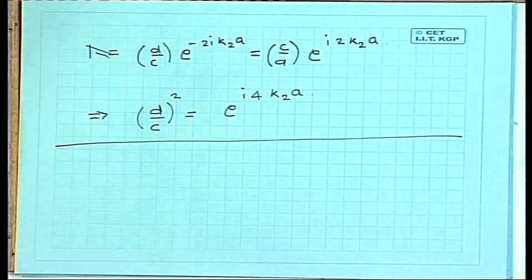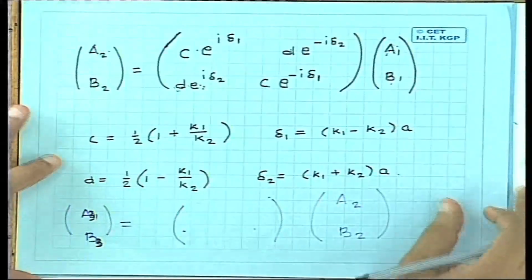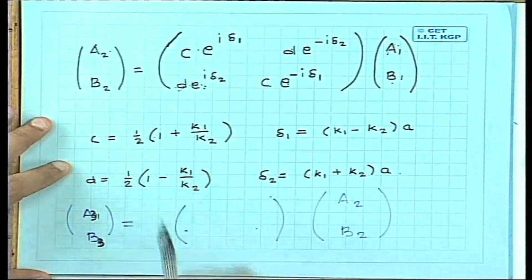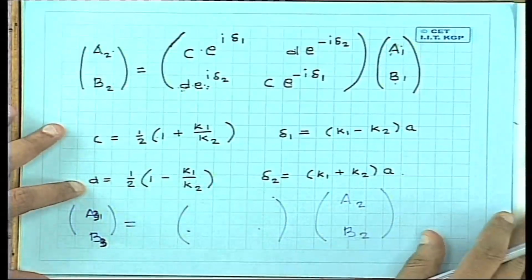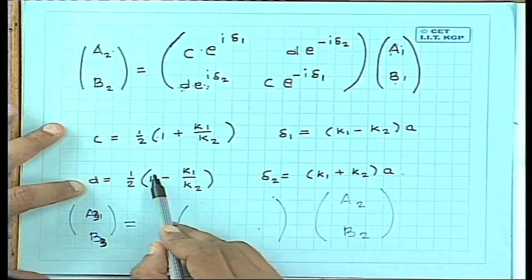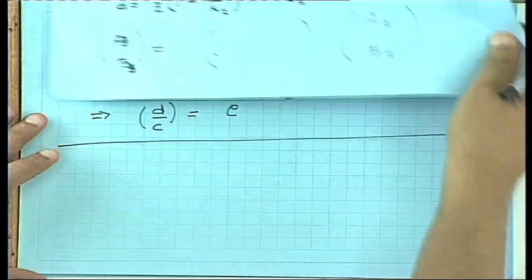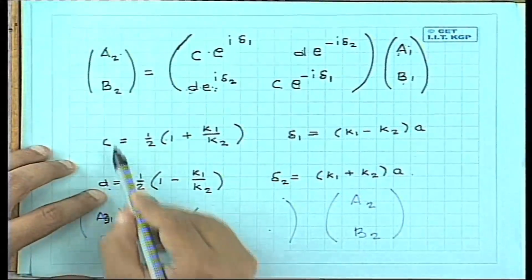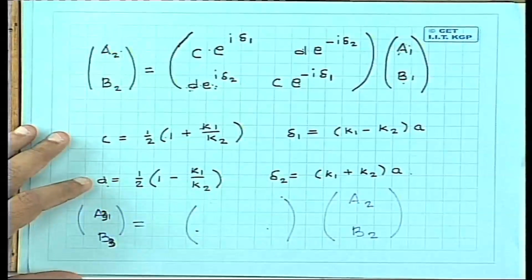Now let us also put back what is D and what is C. So these are what is C and what is D. So the ratio D by C can be written as K2 minus K1 by K2 plus K1.